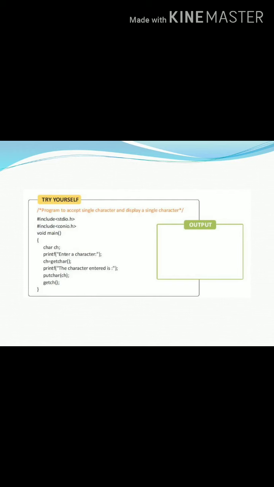So what will be the output for this one, children? The output will be "Enter a character", then you enter any character, any alphabet. When you press the enter key from the keyboard, the output will be "The character entered is" followed by the character or alphabet you entered, with the help of getchar and putchar.